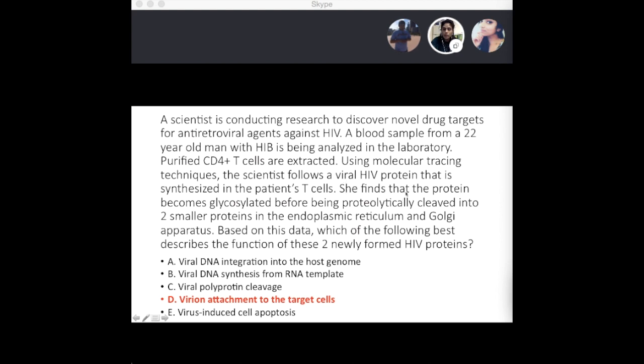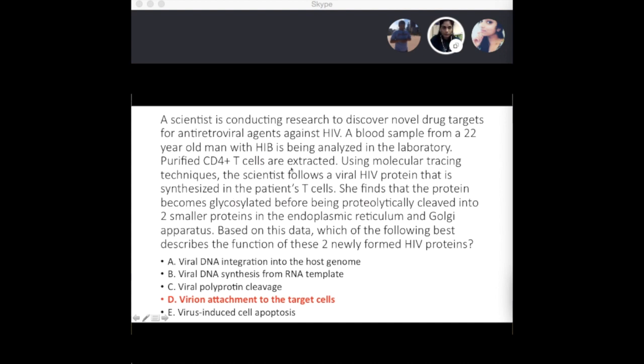It's kind of trying to get you to think of the budding off process. Before being proteolytically cleaved into two smaller proteins and above. So in the HIV replication part, the polyprotein precursors are encoded by the structural genes, and the envelope protein is glycosylated to become GP160.